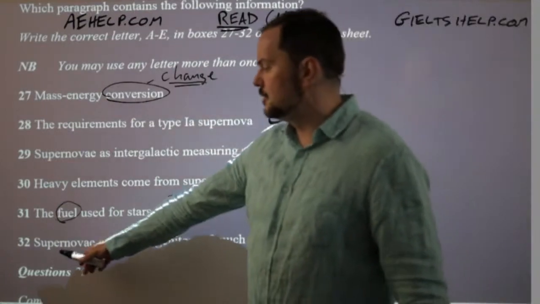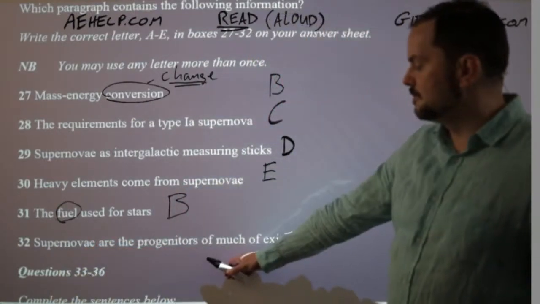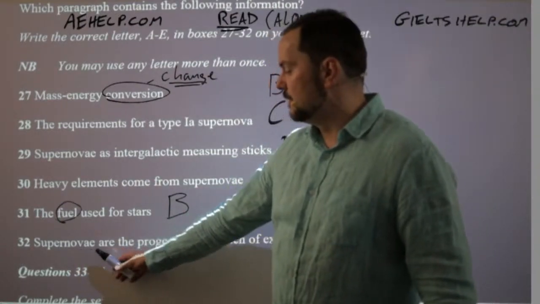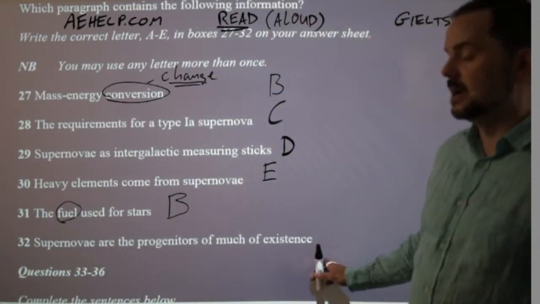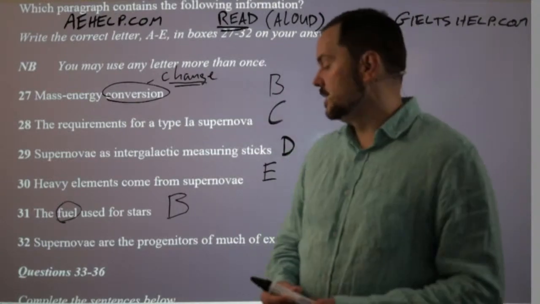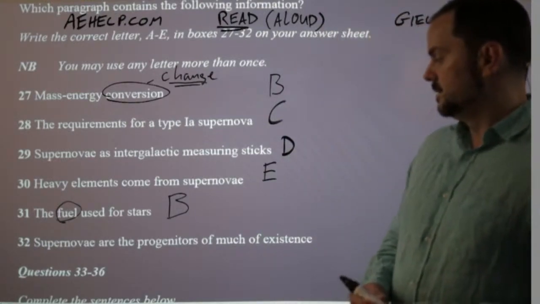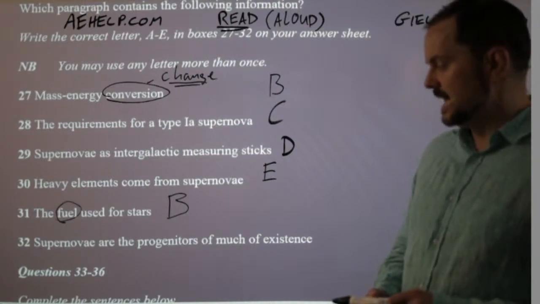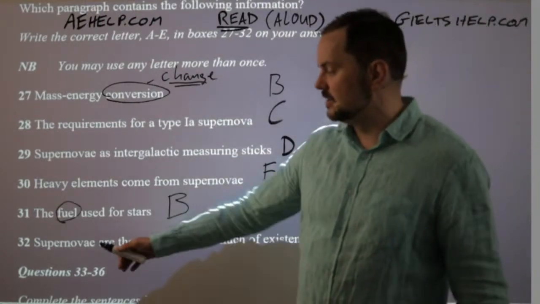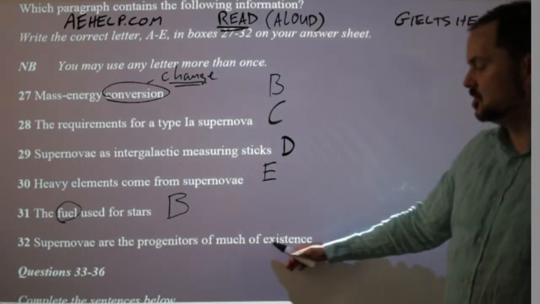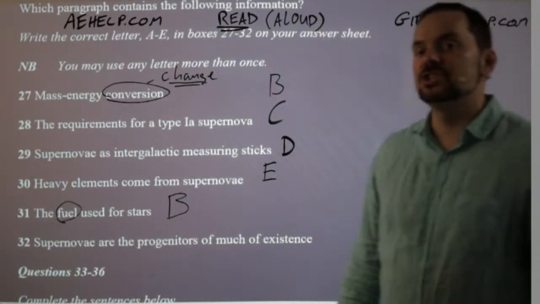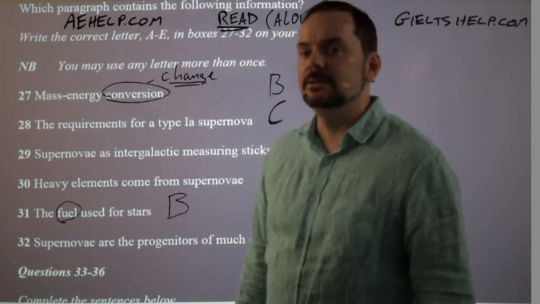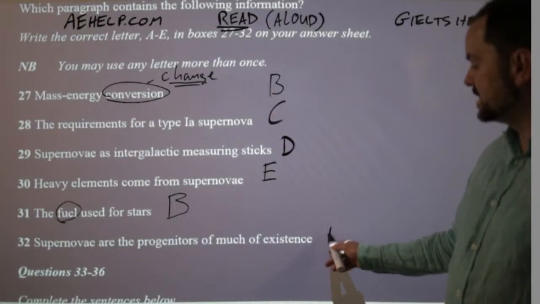All right, number 32, supernovae are the progenitors of much of existence. So supernovae are kind of the source of much of life on Earth, the sun, the planets, and much of what we see in the universe. So supernovae are the progenitors of much of existence. David says the last one is E again. Yeah, so that's that same paragraph, right?